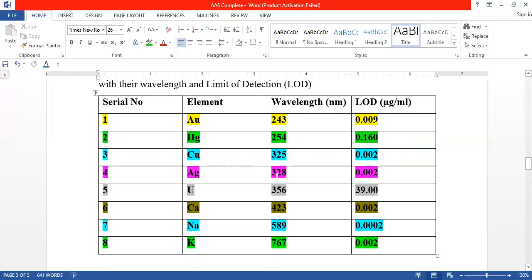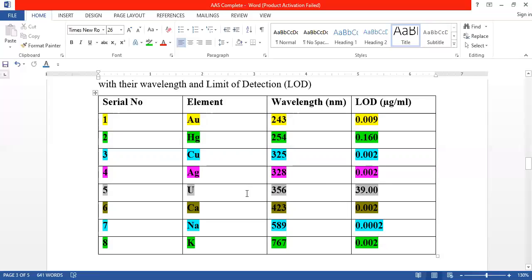Silver: wavelength 328, limit of detection 0.002. Uranium: wavelength 356, and the limit of detection is much greater than the other elements.